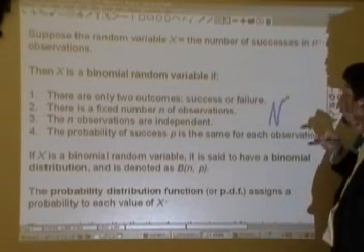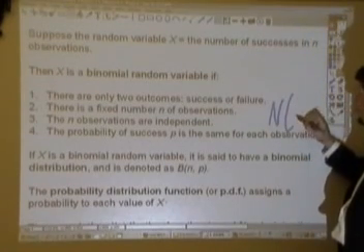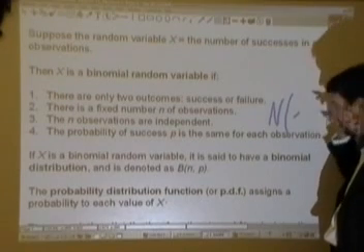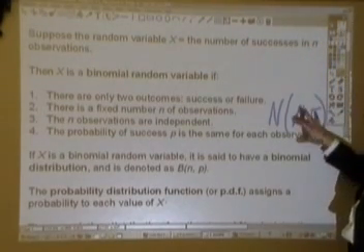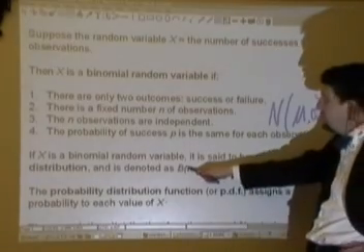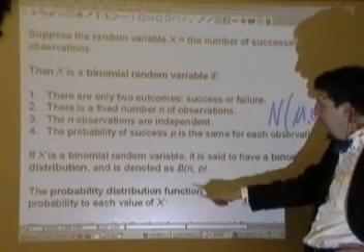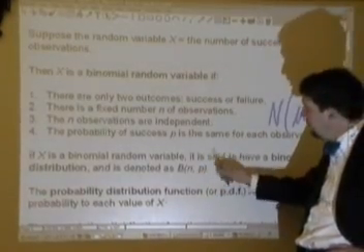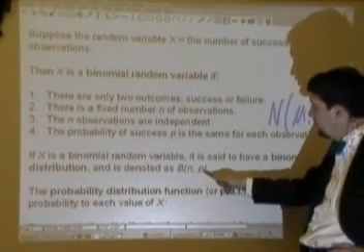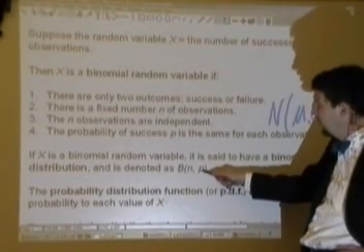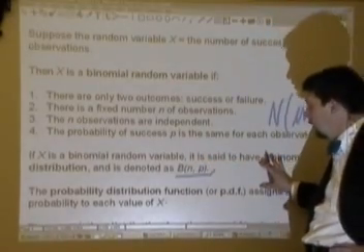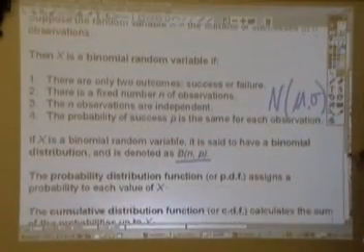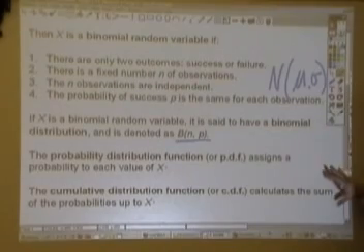We said a distribution was normal and we had two pieces of information, the most important being the mean and the standard deviation. Now we have a binomial distribution, and the two big parameters that we need are n, which is the sample size, and p, which is the probability of success. Are you going to see this? Yes, you are. We've got two different huge functions that we're going to use.